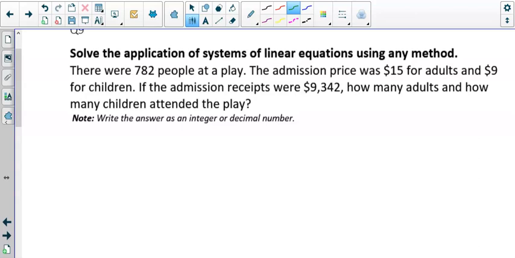Now, unlike what we saw a couple minutes ago, do you see any mathematical words in here? No. So this is standard form. How do I know that? I have totals. Who are the totals up here? The people and the receipts. That's a total. That's a total.